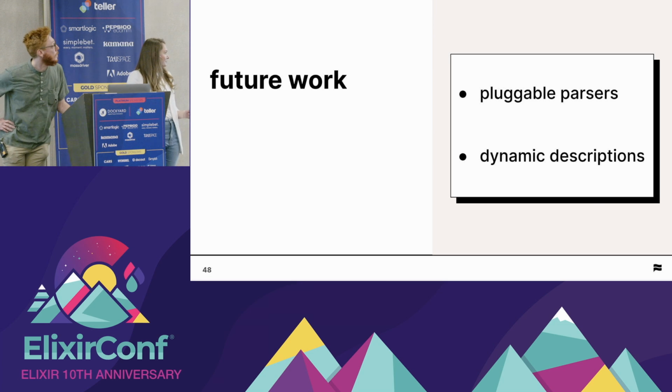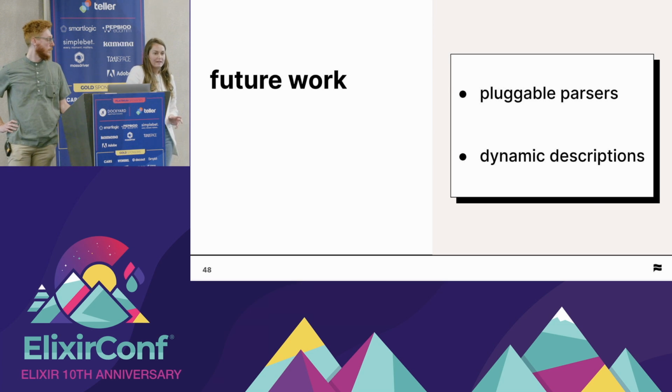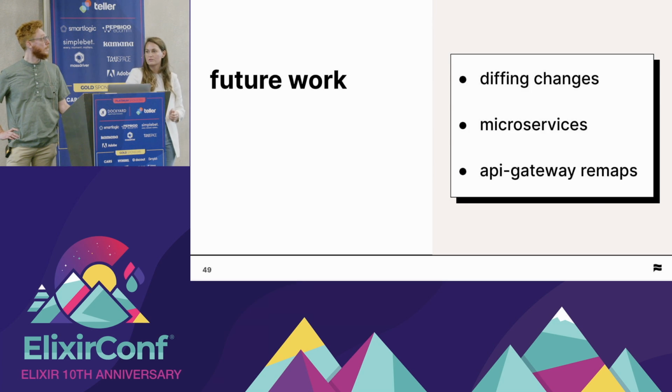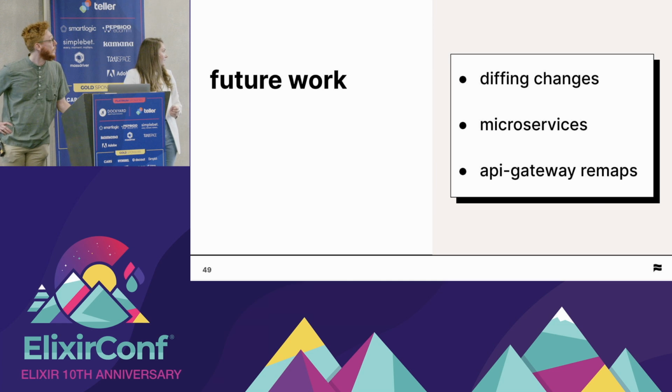And then next up, dynamic descriptions. Right now, all the descriptions are static and generated once, but in order to make a robust specification, having those dynamic descriptions and dynamic examples, something that you could have ownership over, would make the documentation a lot more useful to other users.